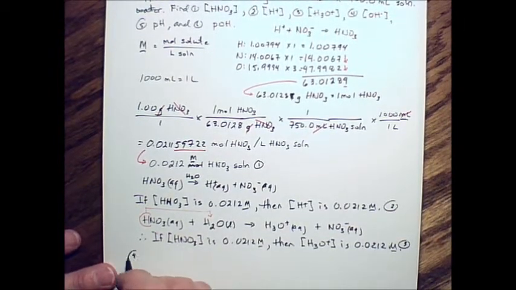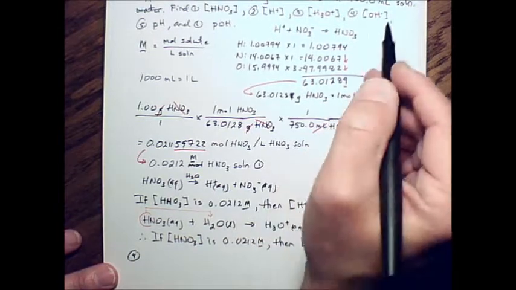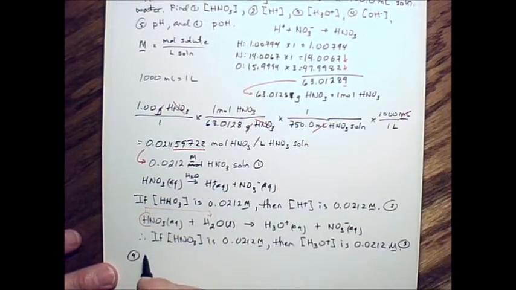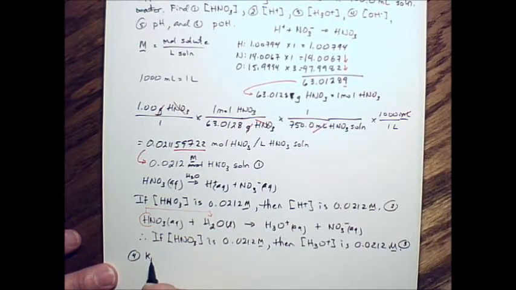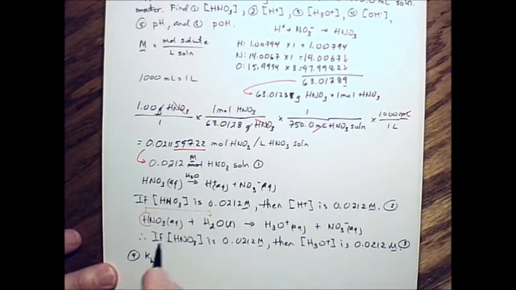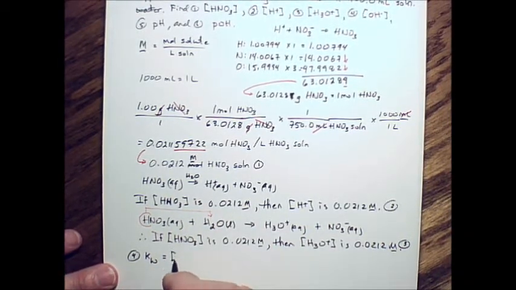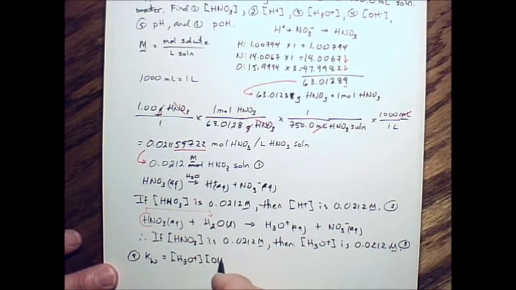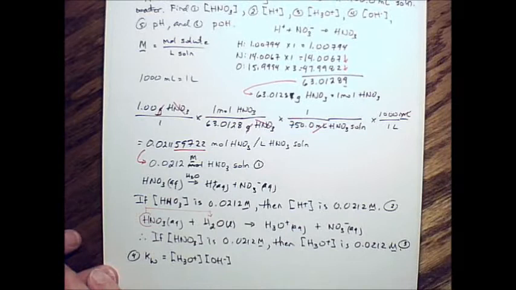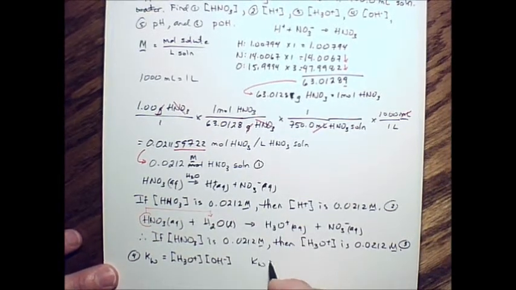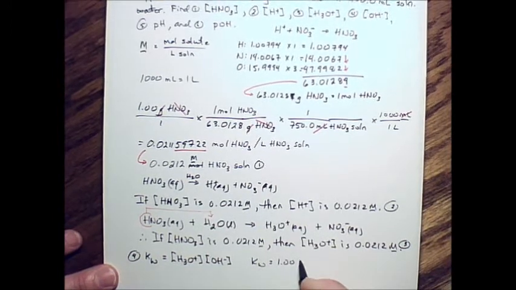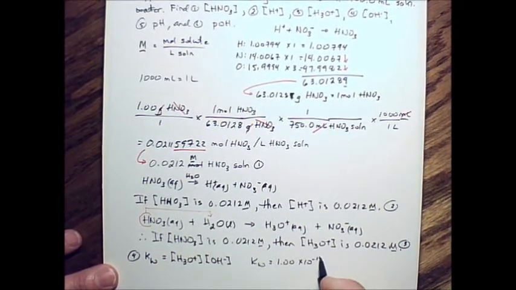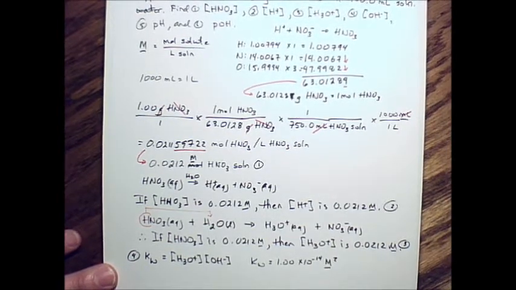So for number 4, we need this equation. We're trying to find the hydroxide ion concentration. And so this equation will get us there pretty quickly. The autoionization constant for water is equal to whatever that hydronium ion concentration is times the hydroxide ion concentration. Okay? The Kw is always the same number: 1.00 times 10 to the negative 14 molar squared.